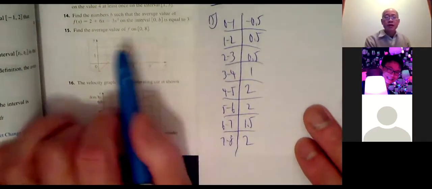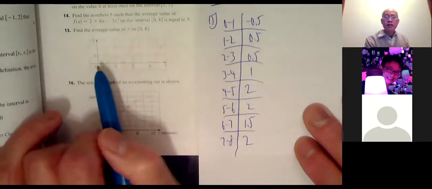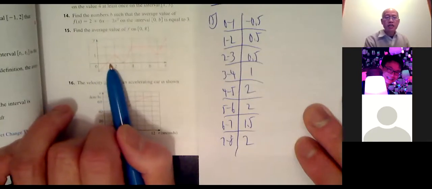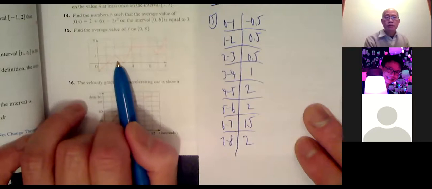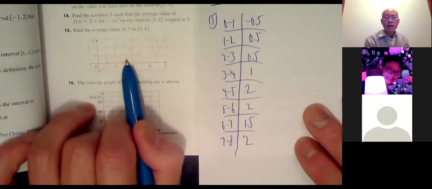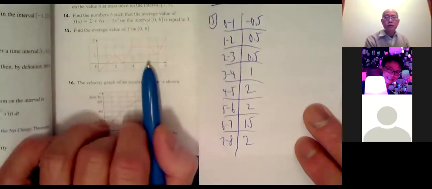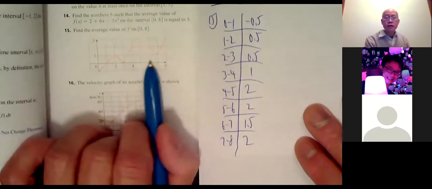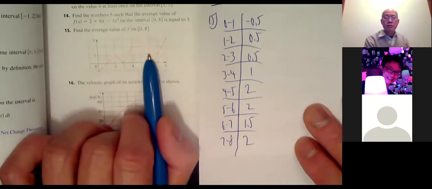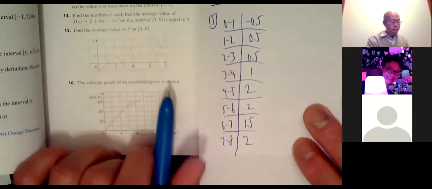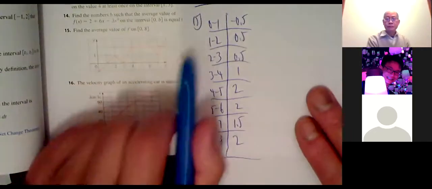So one more time, net area under the curve as an integral. From 0 to 1, it's negative 0.5. That's a positive 0.5. Another 0.5. That looks like 1. Between 4 and 5 is 2. Between 5 and 6 is 2. 6 and 7, that's 1 plus a half, 1.5. And that looks like 2. Okay, so I just add them all up.